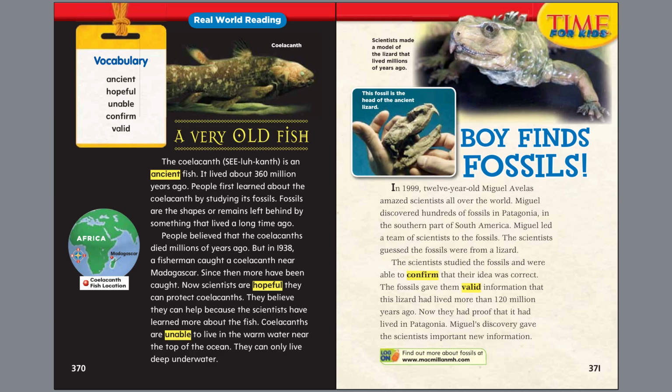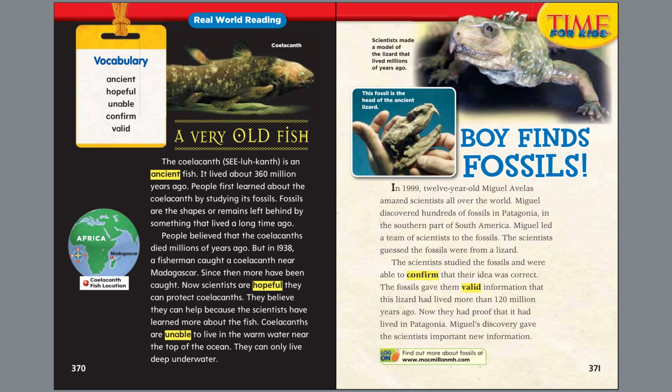Now, can we guess what the word valid means? I think important. So the fossils gave them valid information. Why do you think it means important?